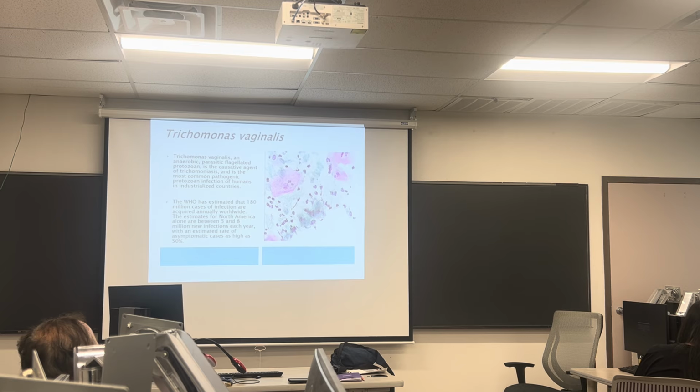The World Health Organization, the last time I checked, said there are about 80 million cases worldwide. In North America, about 5 to 8 million cases. If we take the lower end, 5 million, and say half of them are asymptomatic, in the United States and Canada there are 2.5 million people walking around with trichomonas and no symptoms.